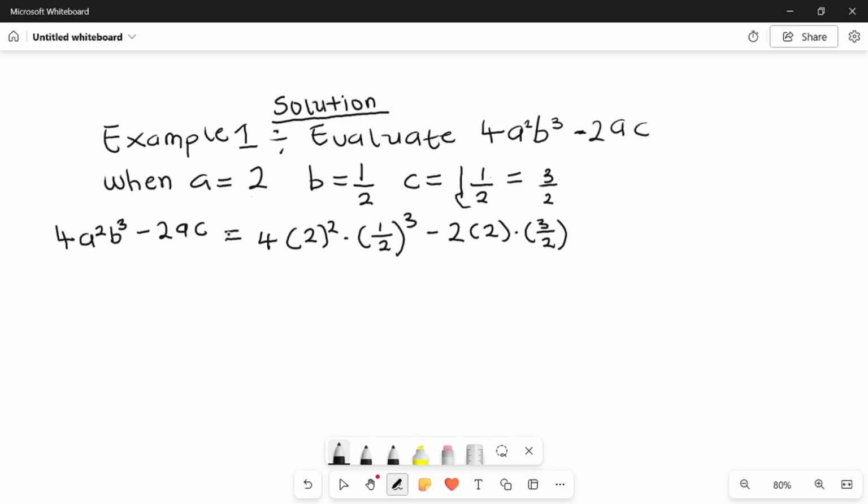So this is how it will look when we have substituted.